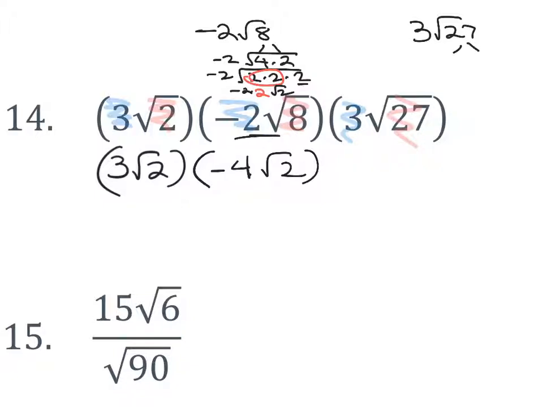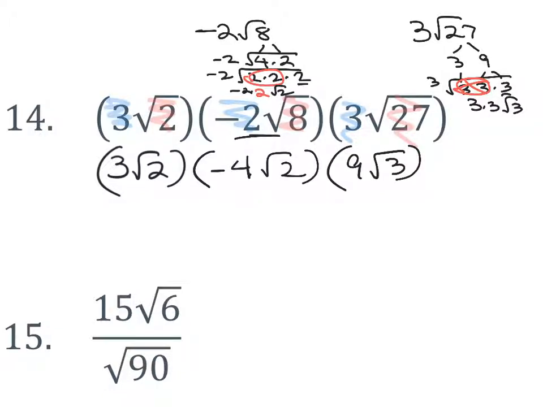This one's going to break down into 3 times 9, and then 3 times 3. So I got a pair of 3's. So one of those is going to come out and join that 3 that's already there, and this 3 stays behind. So now I have 9 square root 3.